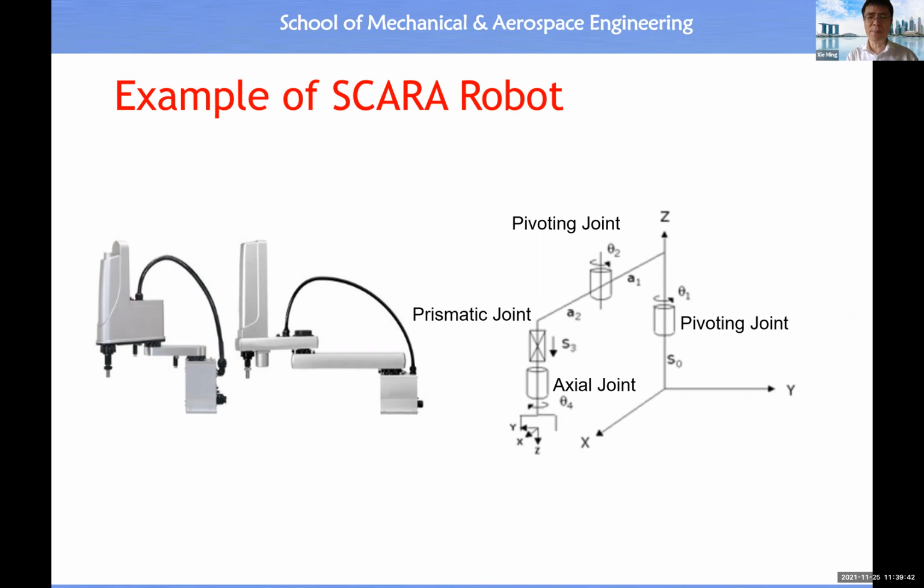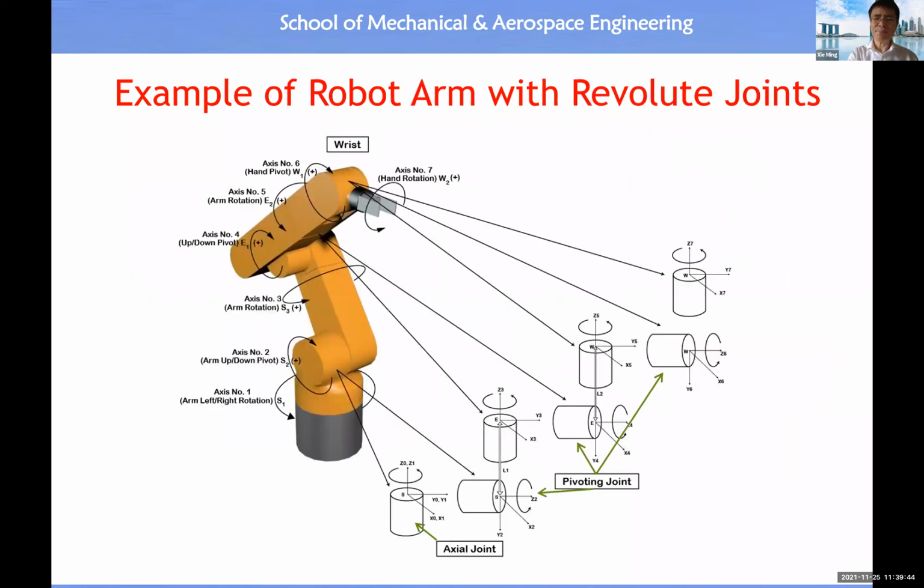So the key component inside a robot's mechanical system is the mechanism, because inside a robot's mechanical system there are appearance, mechanism, and structure.